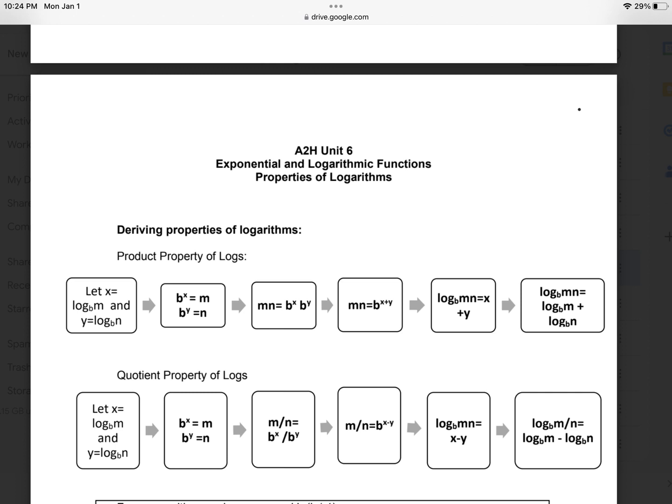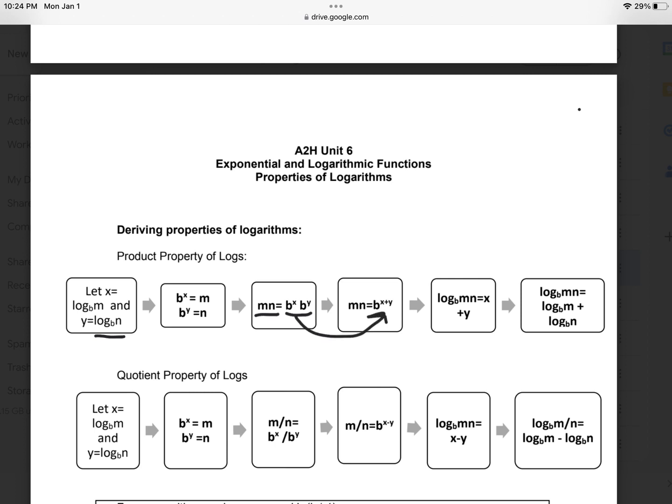So if we let x be the log of m and y be the log of n, then that means if we rewrote them, we'd have b to the x equal to m and b to the y equal to n. So if we combine them together with multiplication, that would be like adding those exponents together.